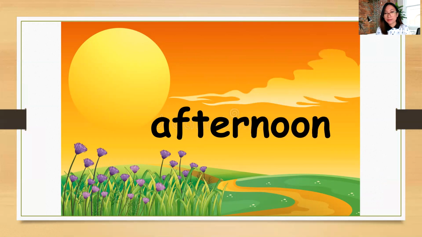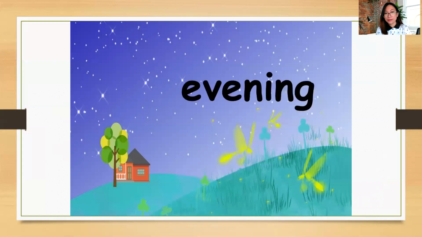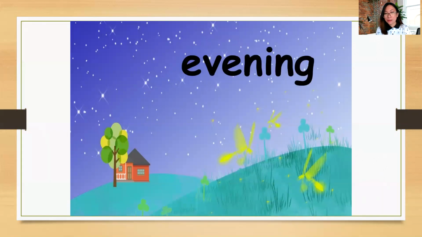A-F-T-E-R-N-O-O-N. Afternoon. Evening. Let's spell evening. E-V-E-N-I-N-G. Evening.